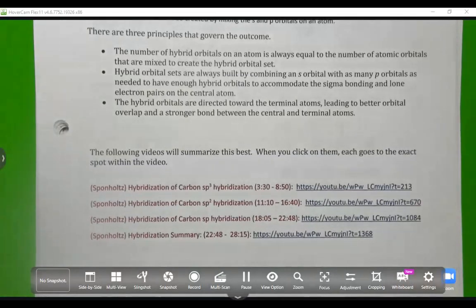So I am going to stop sharing, switch screens, which I messed up on the other day. So let's see, I've got to share screen. Should be right here.